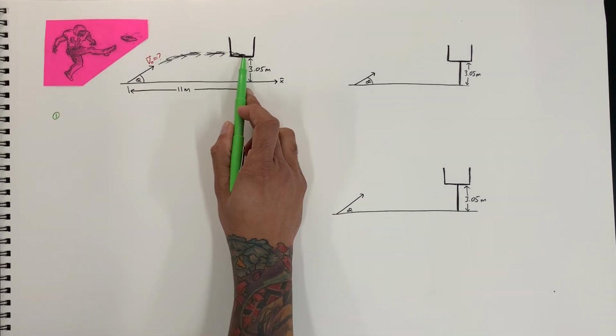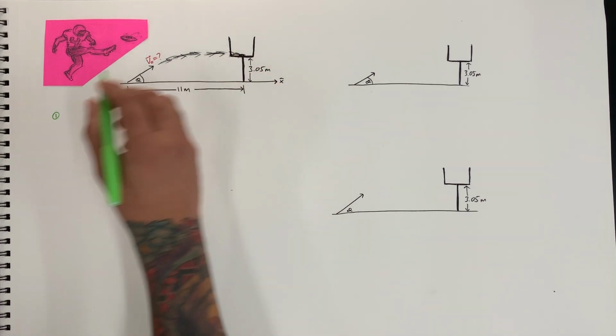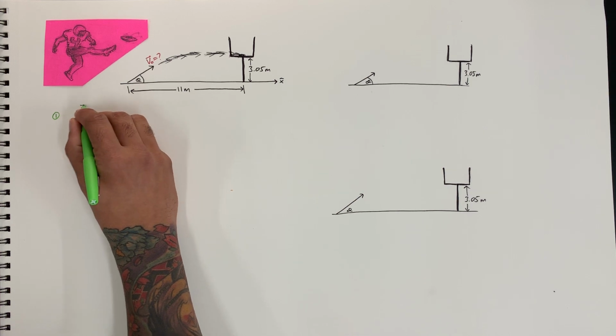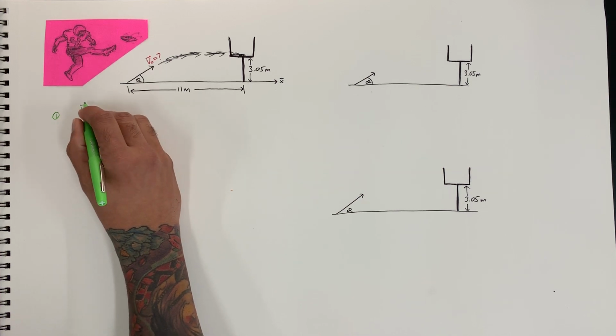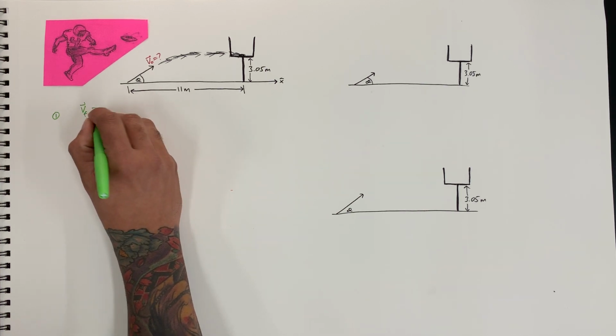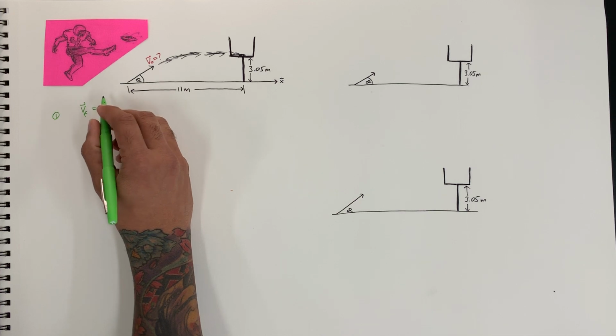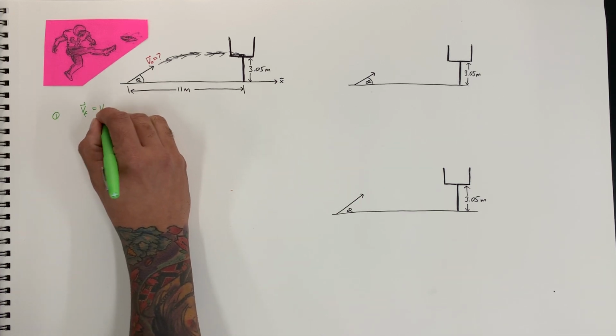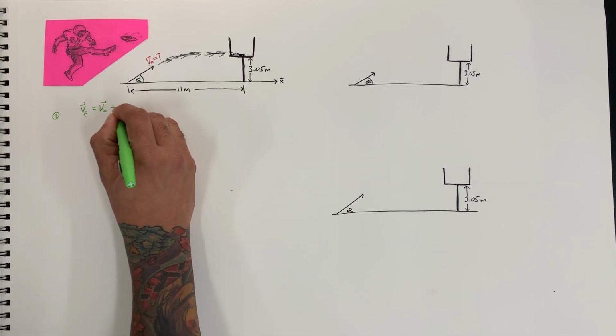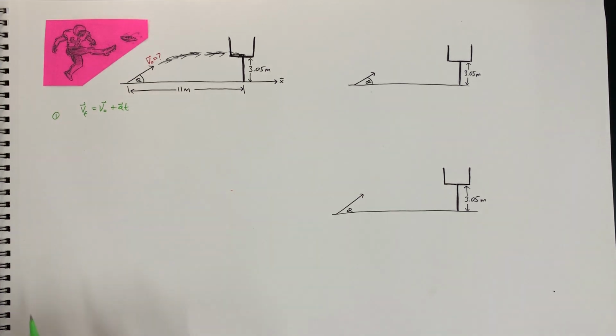since I know that this is the highest point, right? I'm gonna use my vector equation, V final in the Y. So let's just write the general equation. V final equals V initial plus AT, right?